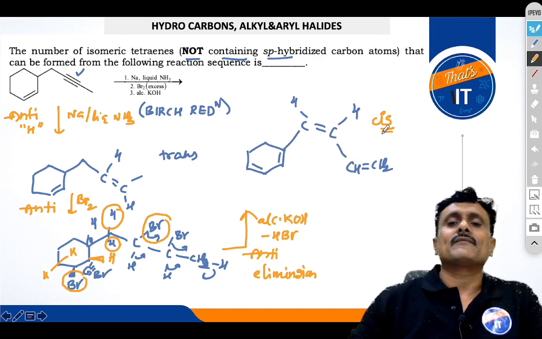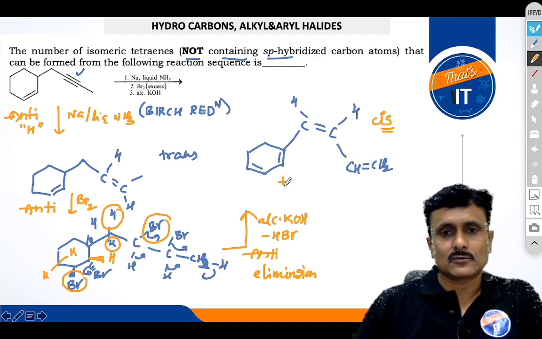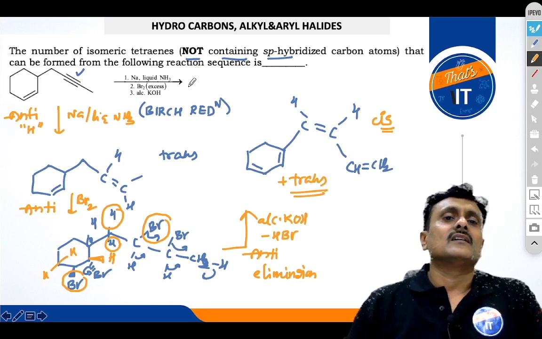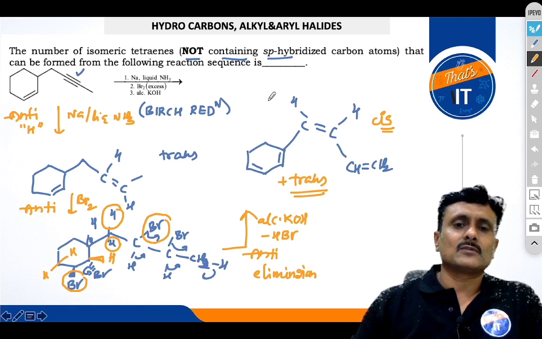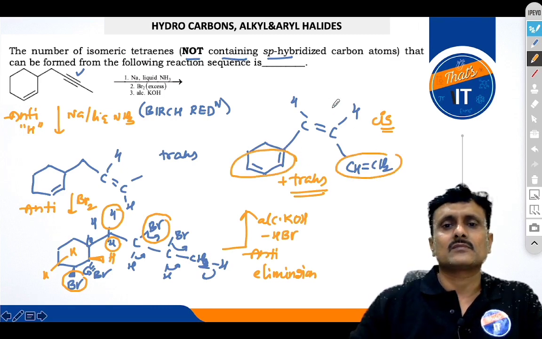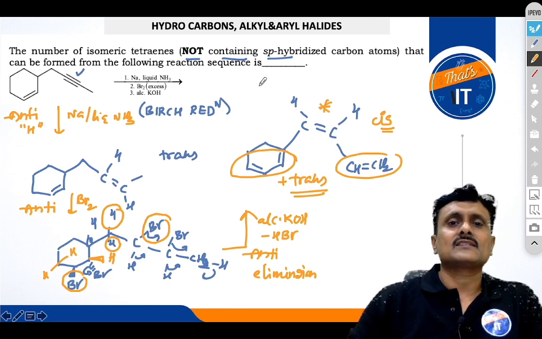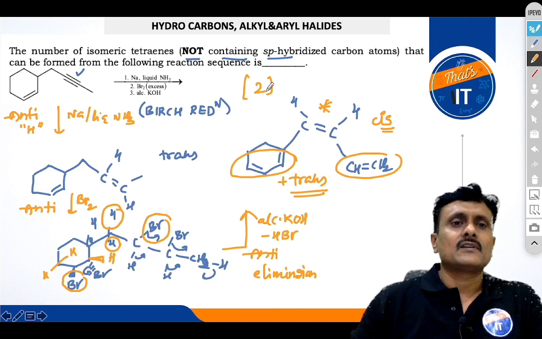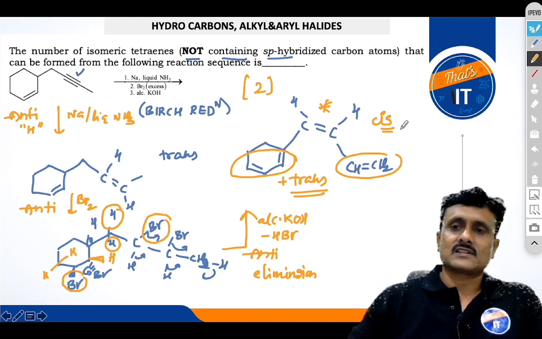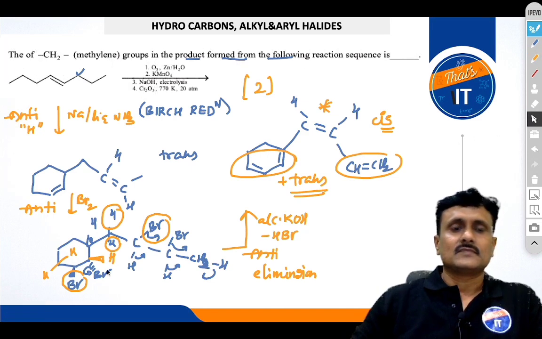One removed, I have one hydrogen removed is the cis product. That means you will also be getting the trans product. So total number of isomeric tetraenes that are possible over here, because this part is not going to show any sort of geometrical isomerism, so geometrical isomerism lies only here. So you will be getting cis and trans. That means the total number of isomeric tetraenes that are obtained over here as geometric isomers is 2. Okay, let's see the next question.